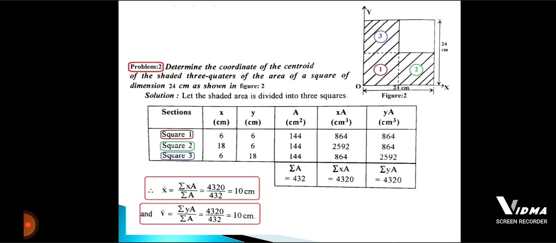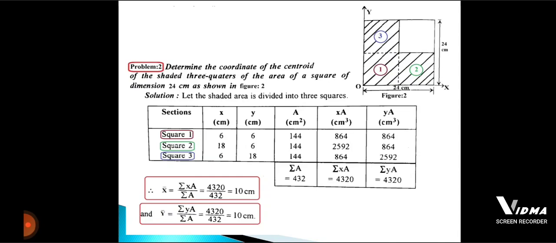For square 1, x equals 6 and y equals also 6, the area is 144, and xa, that is the moment of area from the reference axis y, is 864 centimeter cube. Similarly ya is 864.